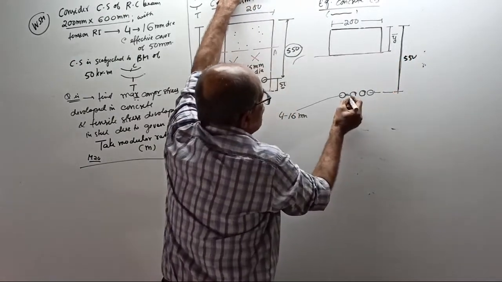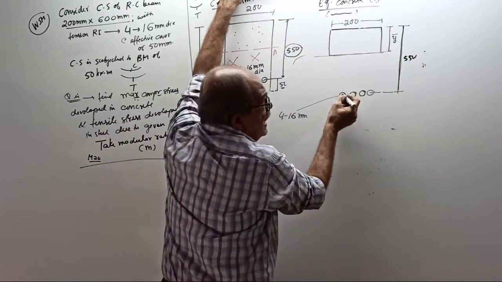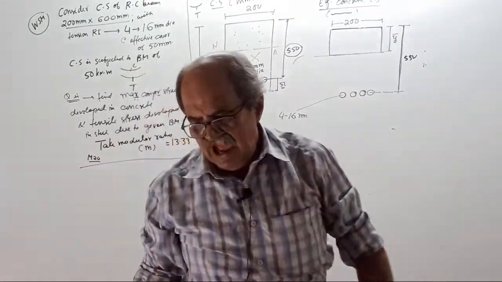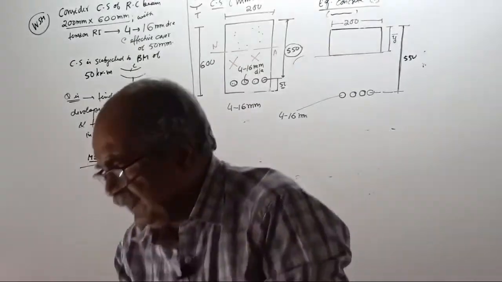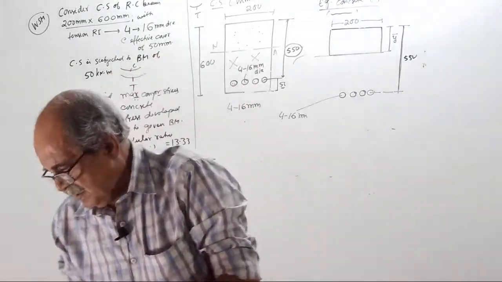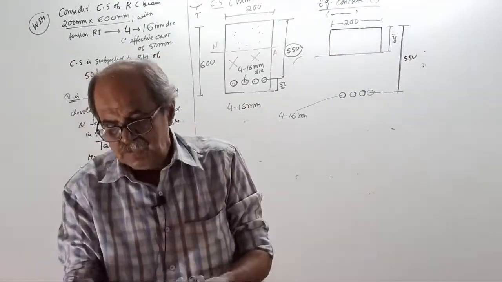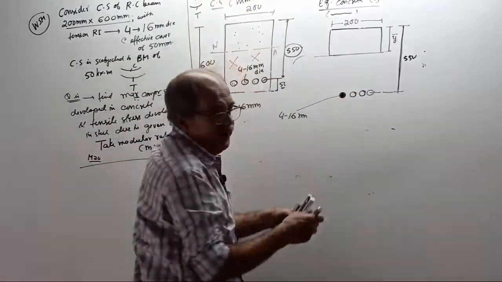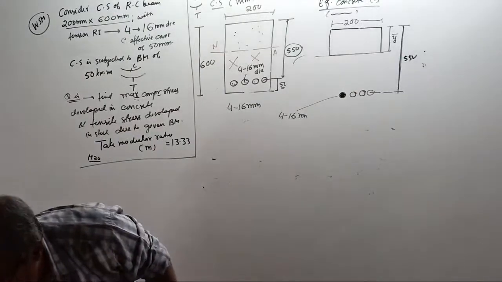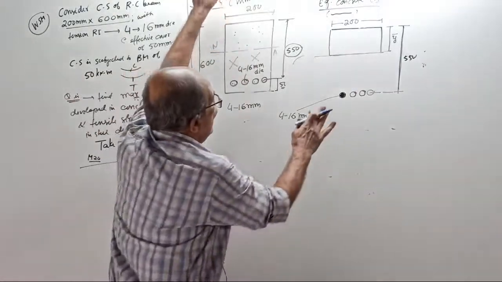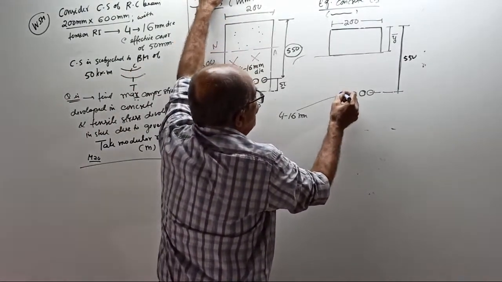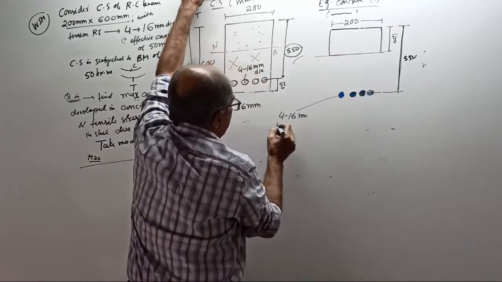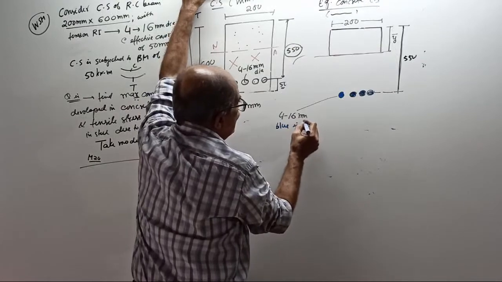Now, remember, these are steel. Be careful. To understand better, I will use blue color to show that it is steel. Blue color means steel.